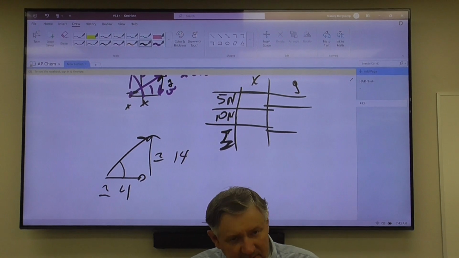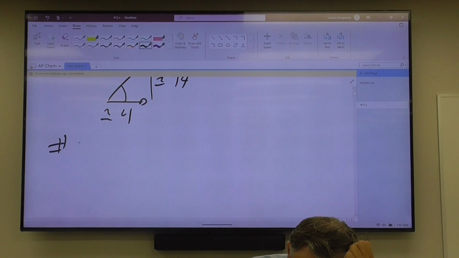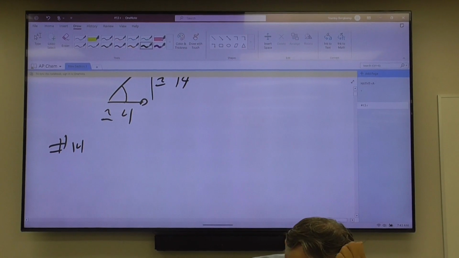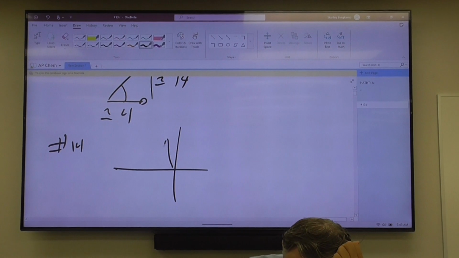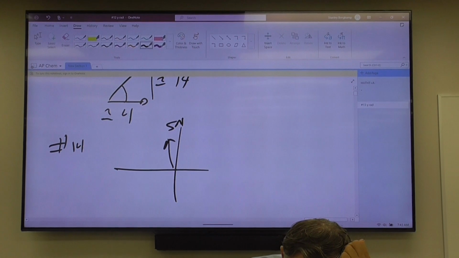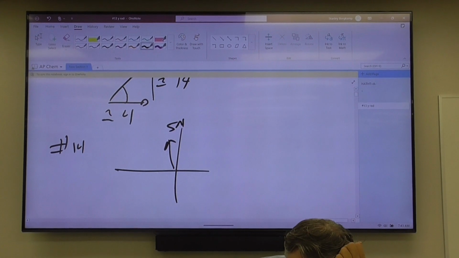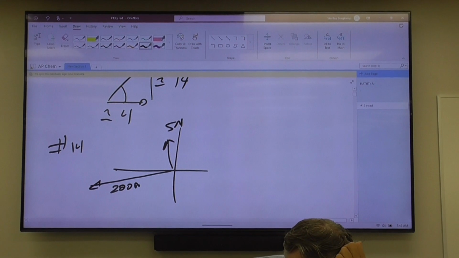Now, 14 is a little sketchier. When you get to number 14, I've got 5 Newtons at 100 degrees, and then 10 Newtons at 200 degrees.